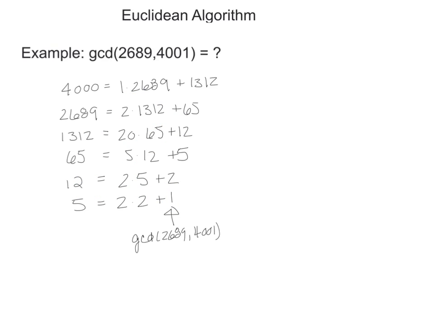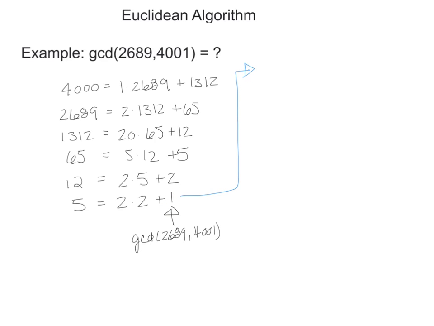So now again, we're going to start with a clean copy so that I can take these steps in reverse. I'm going to start at the bottom, and find the linear combination of 2689 and 4001 that will give me 1. Obviously, there's going to be some negative numbers in here.